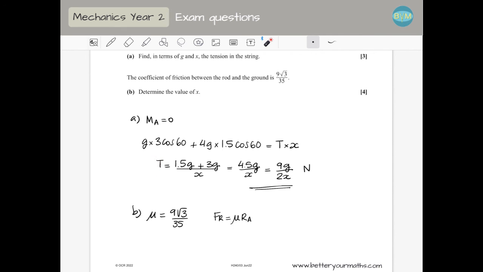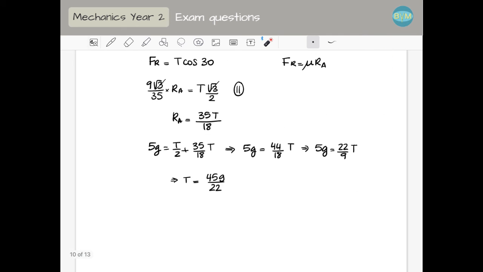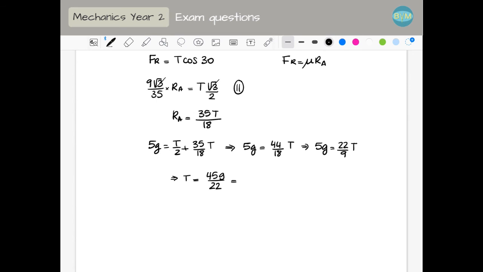I just found the tension that I need. So 9g equal to 9g divided by 2x, which means if I cancel, for example, g, I can divide by 9 and multiply by 2 to simplify a bit more.